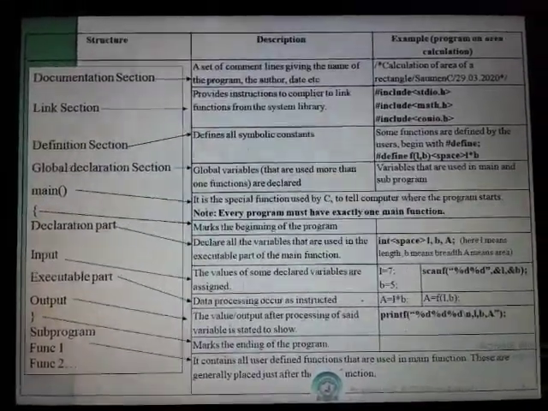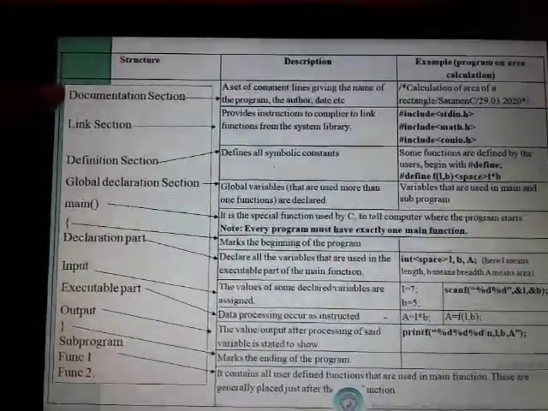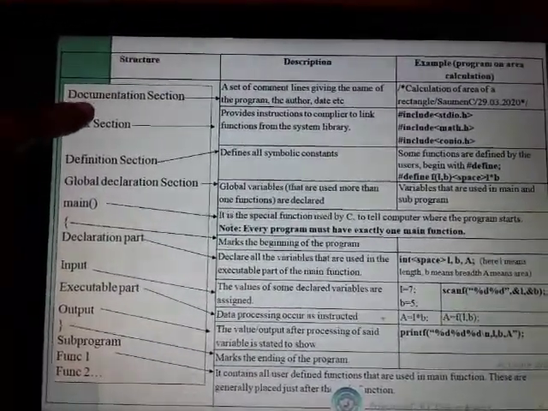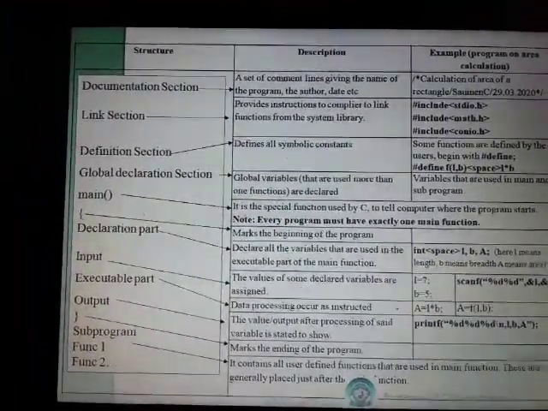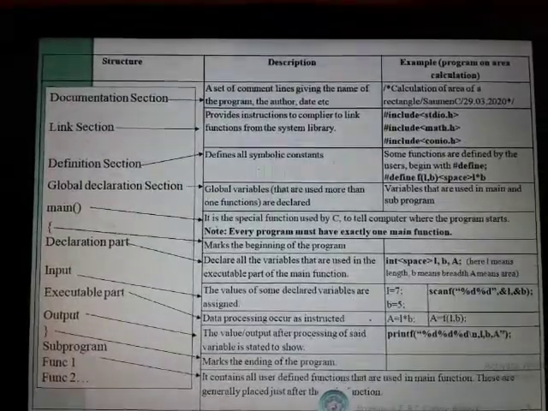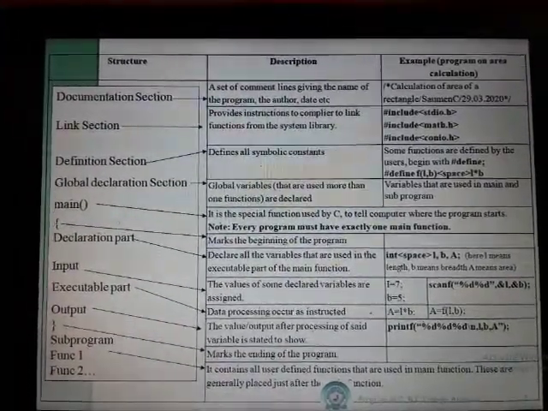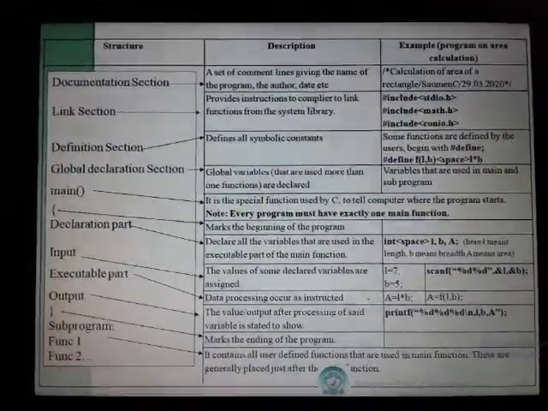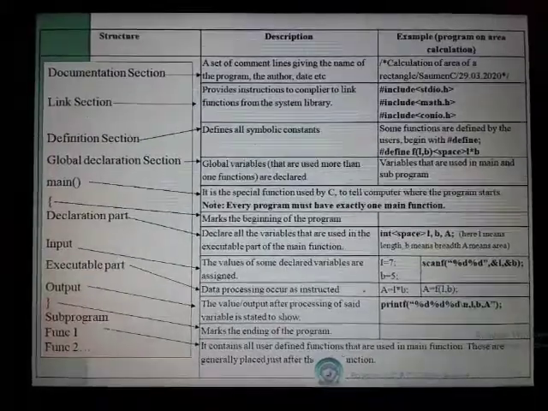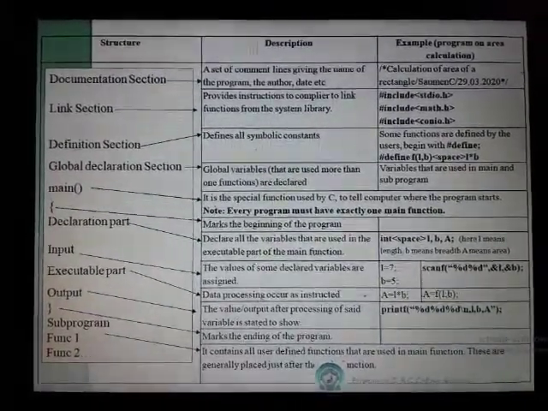On the left side of the slide, you can see that it starts with the documentation section. Here, we simply write the information about the program using comment lines. That is, on what topic the program is written, who is the author, and on which day it is written, etc. For example, we consider the program code that calculates the area of a rectangle.